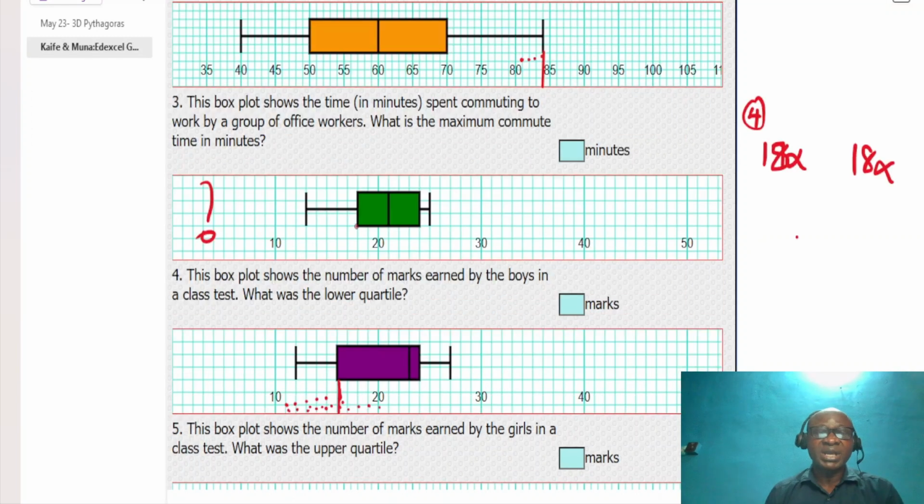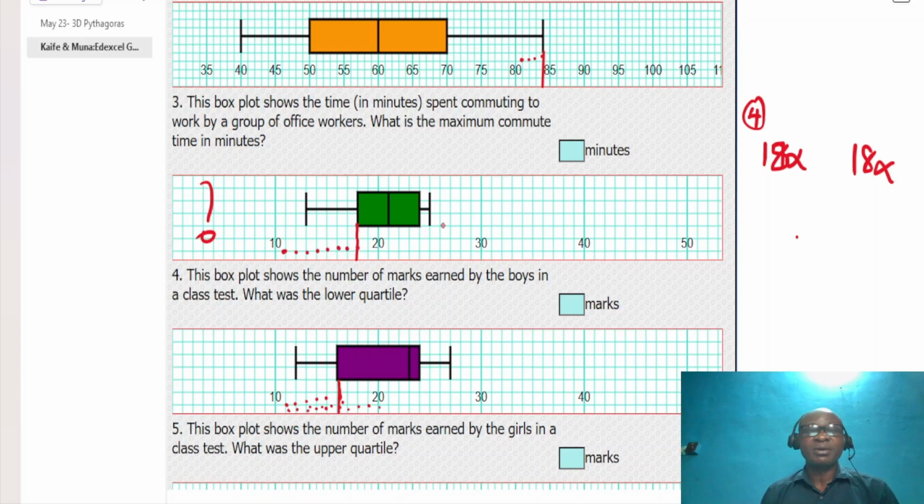It is going to be here, isn't it? Lower quartile will be here. So let's count. This is 10, 11, 12, 13, 14, 15, 16, 17, 18.